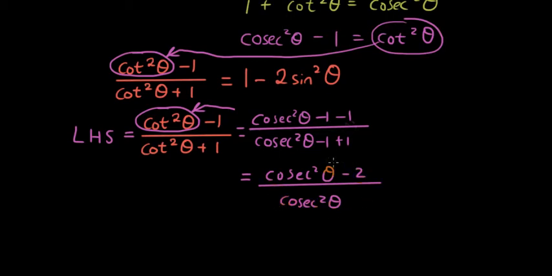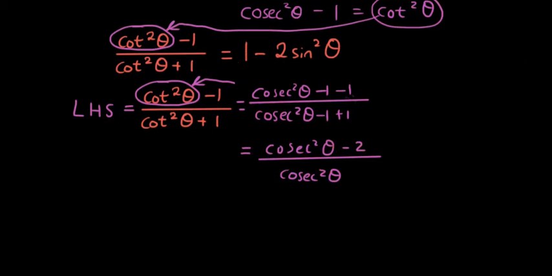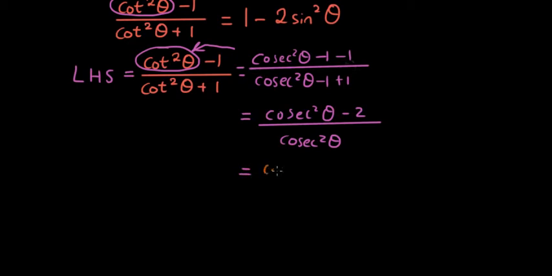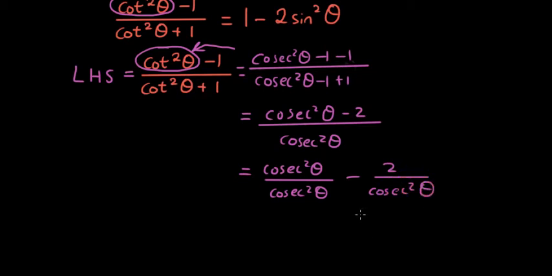Okay, so now we're going to separate this into two fractions, and we know to do that because what we're trying to get to has 1 in the answer. If we separate this into two fractions, then we get cosec squared theta over cosec squared theta minus 2 over cosec squared theta.